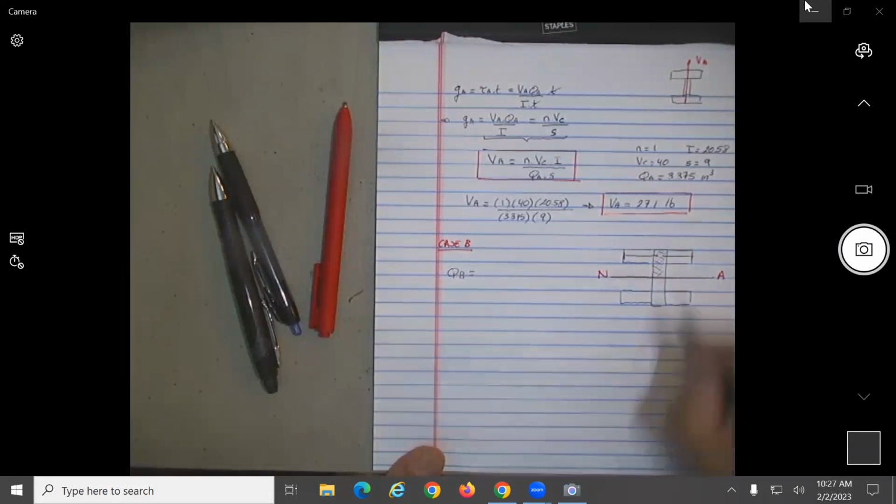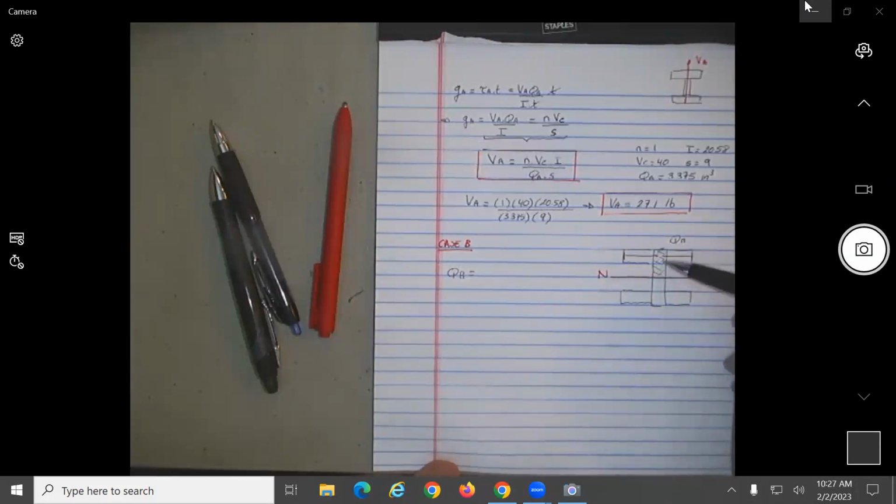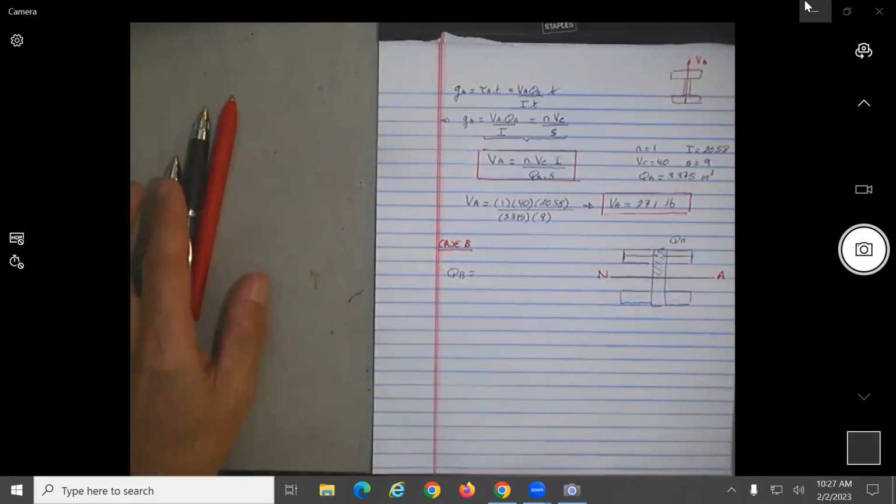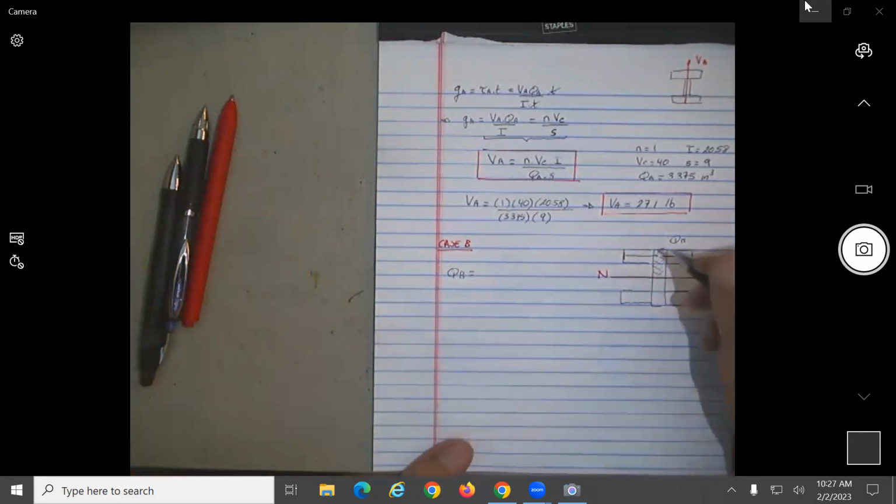So in this case, this will be our Q sub B. Basically, we're trying to attach this one to these two pieces, no? So now the Q again will be what?